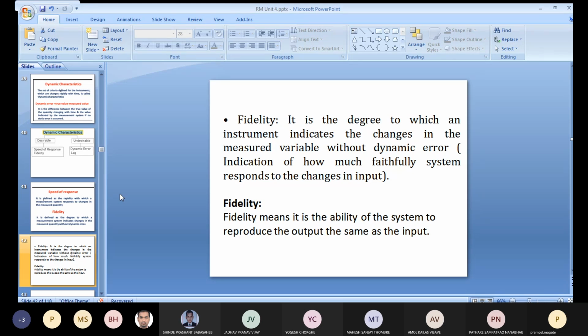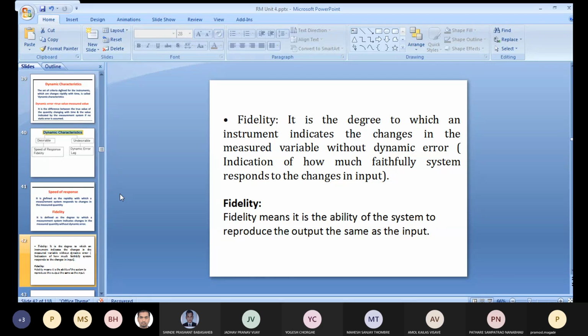You can also see a general example. In cricket, the bats are used by the cricketer, and they do not use the same bat every time for many years. That is not possible. They have to make changes as per the requirement, so they maintain fidelity for that particular cricket bat.